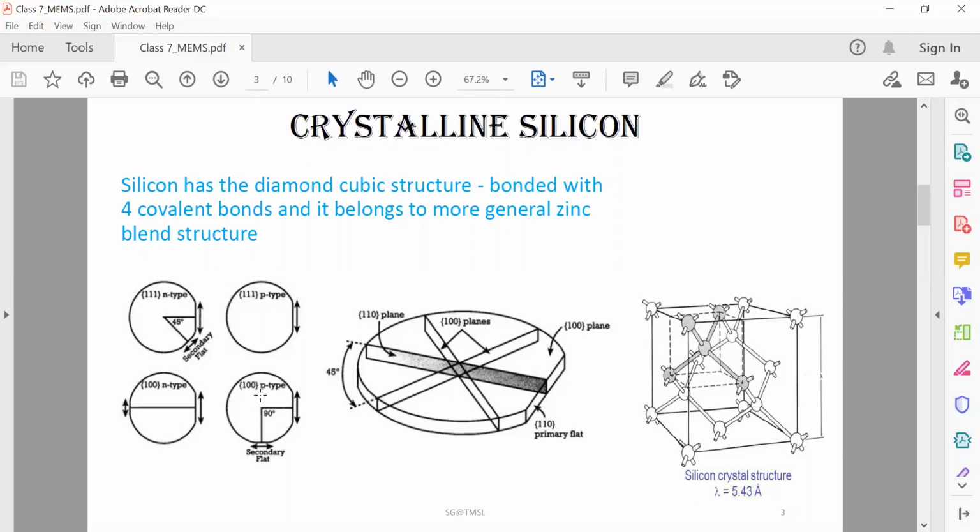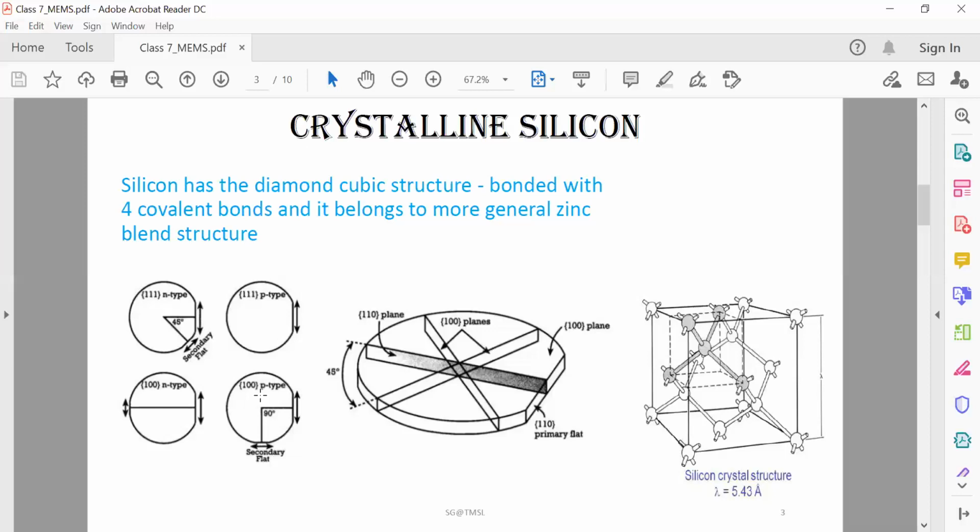That is why 100 is the popular oriented crystal that is used, but for certain specific applications in MEMS we also use 110, 010, or 111 oriented silicon wafers.